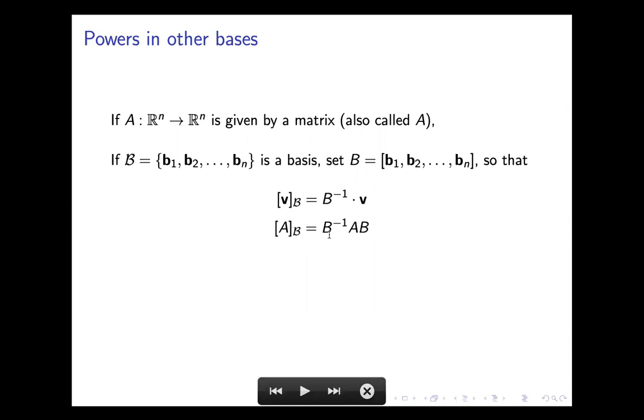And the matrix A_B is equal to, as we know from the previous lecture, B inverse A B. Hence you can now reverse this last equation: multiply by B on the left and by B inverse on the right to get this formula.